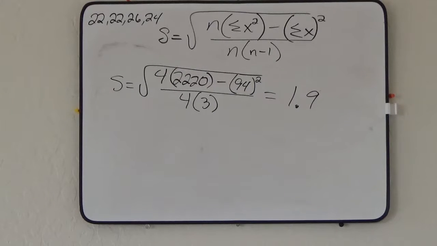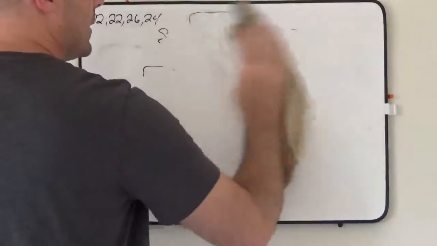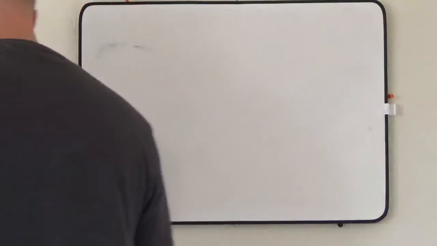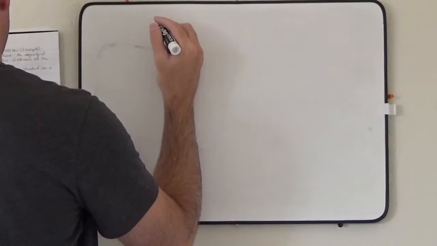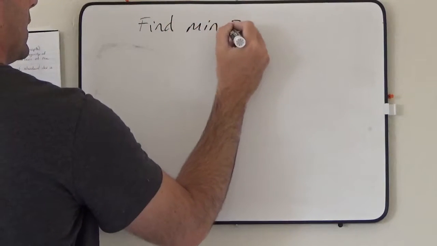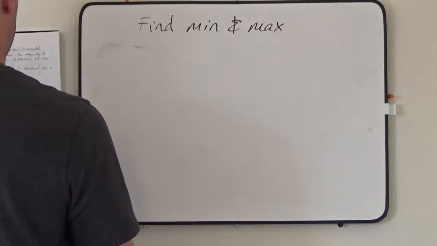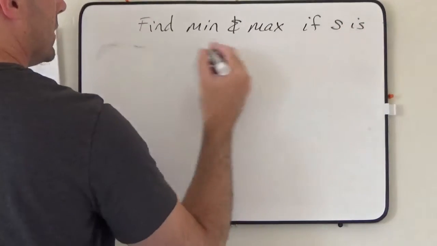So to find the minimum and maximum, if standard deviation is known, the minimum will be the mean minus 2 times the standard deviation. So let's write this down to make it easier for ourselves. So this is to find minimum and maximum if standard deviation is known, if S is known.